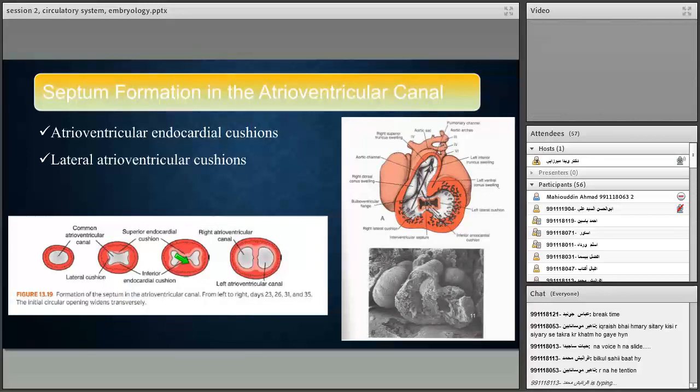They are contributing to form the tricuspid and mitral valves. I will explain later. Any question in this part?